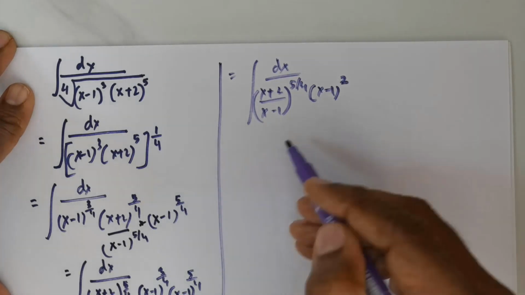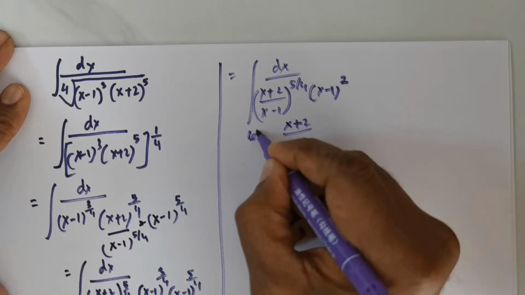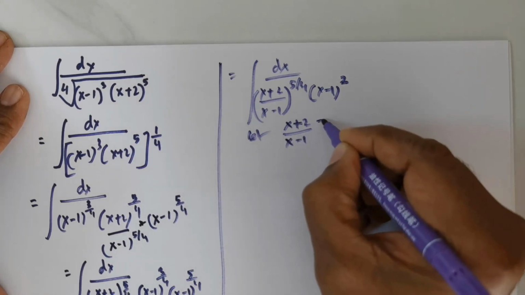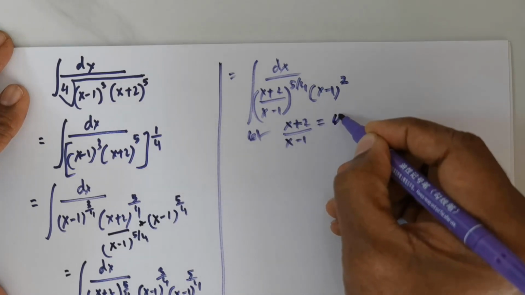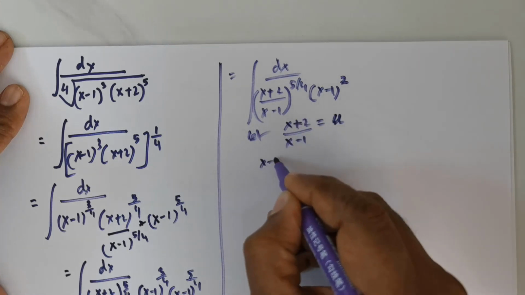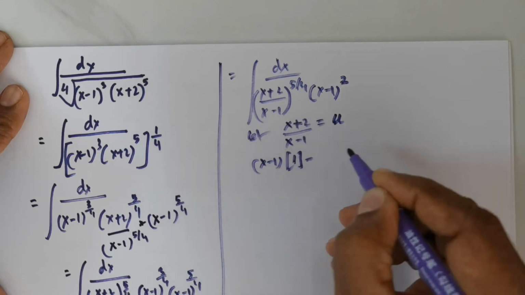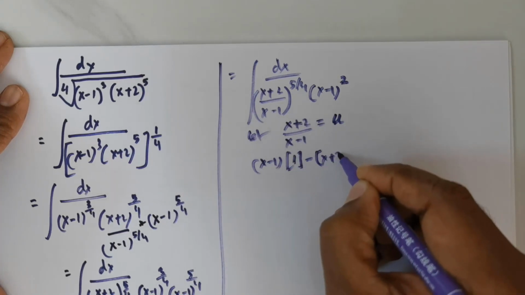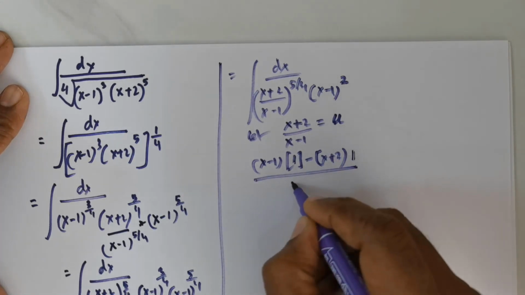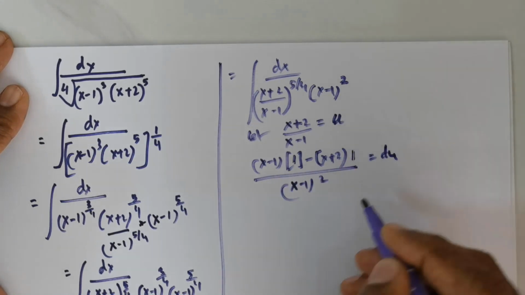Now I did all of this to allow me this substitution. Let (x + 2) divided by (x − 1) be equal to some u. So you differentiate this using the u over v rule. That means (x − 1) times the differential of (x + 2), which is 1, minus (x + 2) times the differential of (x − 1), which is 1, divided by (x − 1) raised to the power of 2, is equal to du.